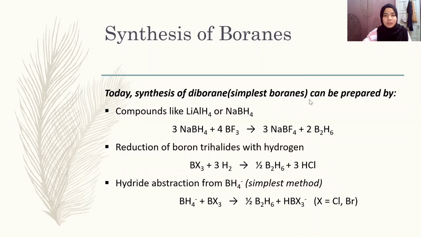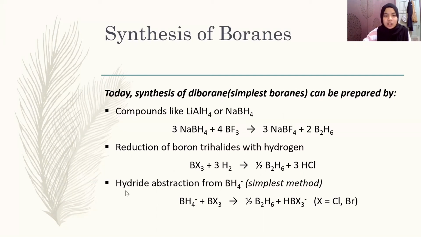Next, synthesis of diborane, which is the simplest borane, can be prepared from compounds like lithium aluminium hydride or sodium borohydride, where we react the sodium borohydride with BF3 to get diborane. We also can use reduction of boron trihalides with hydrogen, where we react the hydrogen with the boron trihalides, and we also can get diborane.